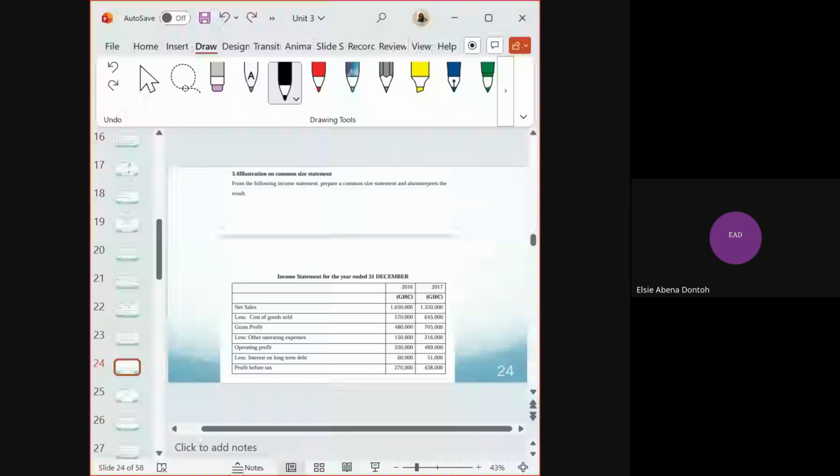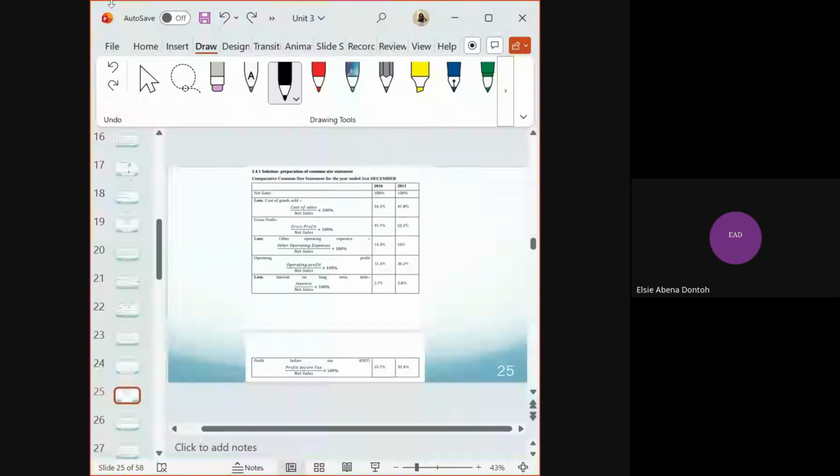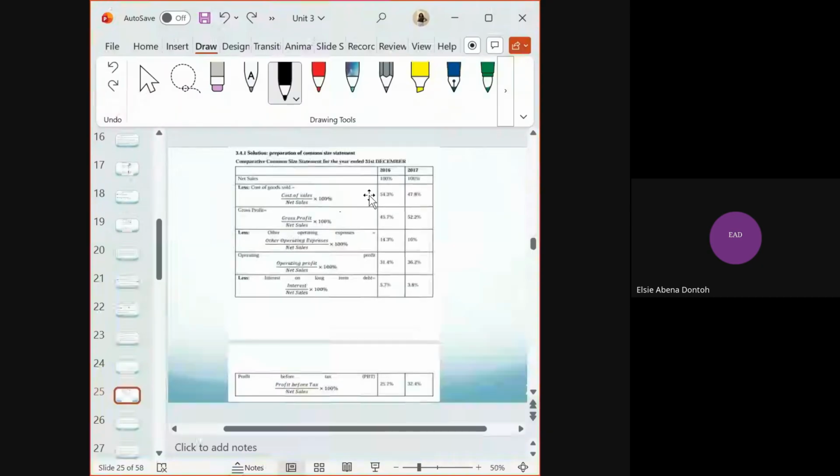We are doing it for 2016, and we are using the net sales as the base. So what's the base for 2016? 1,050,000. When we multiply it by 100, what do we get? Punch it on your calculators.